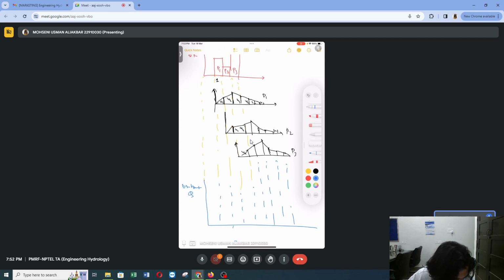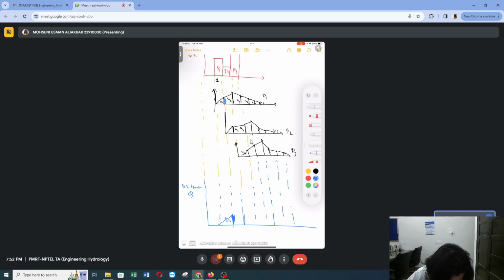The first input function would be here, starting at P1. This is U1 times P1, because here it is U1 and here it is P1, that is P1 U1. So this is for the first function.